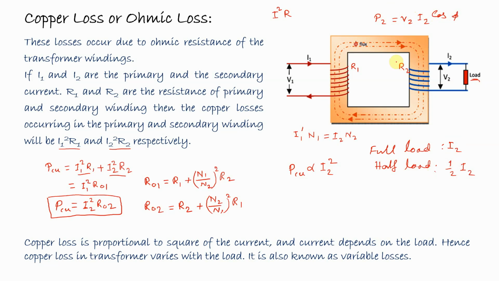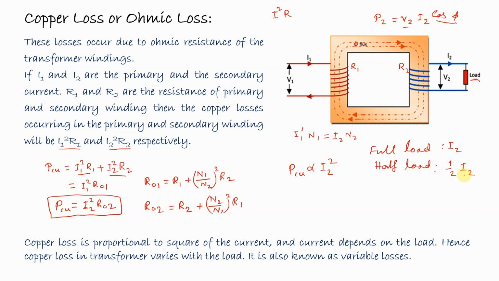Here V2 is the voltage across the load, and cos phi is the power factor. These two values are basically constant. As long as the supply voltage and the nature of the load are constant, V2 and cos phi will be constant. So if we change the load, then only the current will change.